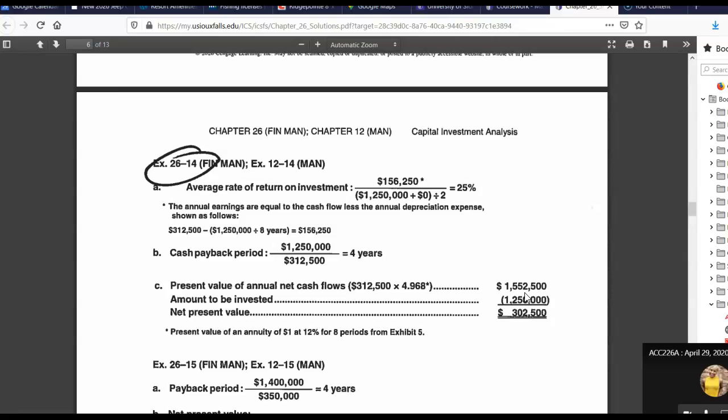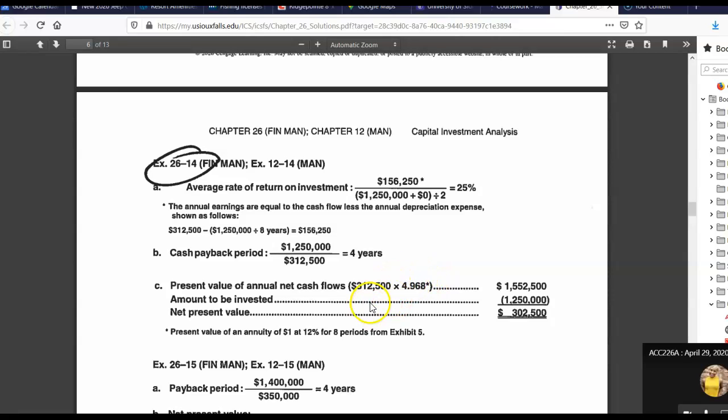It just says cash flows, 312. Present value of annual net cash flows, 312. It's the same every year. So then you can go to Exhibit 5 based on 12%, 8 years. 12%, 8 years is a factor right here, 4.968.